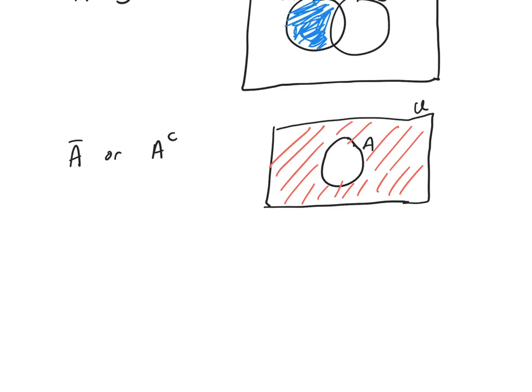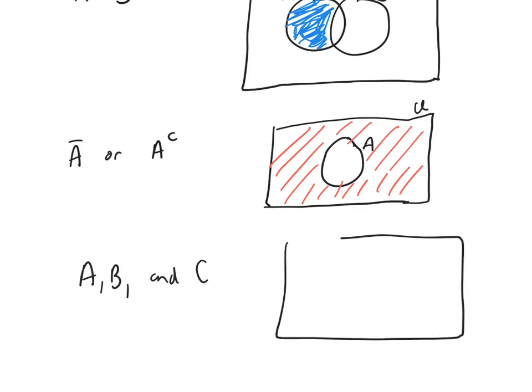Okay, so those are all of our set operations now. I do want to mention what the Venn diagram looks like if we have three sets, so A, B, and C. So it'll look like, here's my set A, here's my set B, and here's my set C. And we'll see a little bit more of that later.